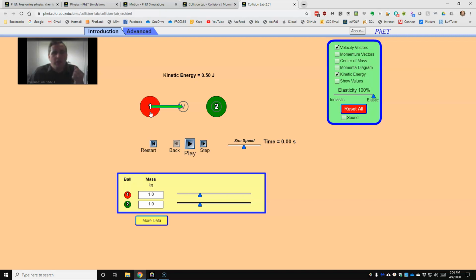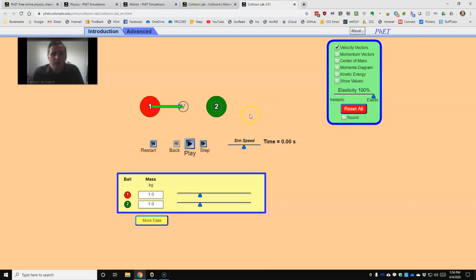I'm going to show the simulation, and I'll show various variables that go along with this situation, okay? We can look at the variables velocity, momentum, center of mass. We can look at a diagram of the momentum. We can look at the kinetic energy, and we can also just show the numerical values the entire time, okay? We can also set the elasticity or the sound.